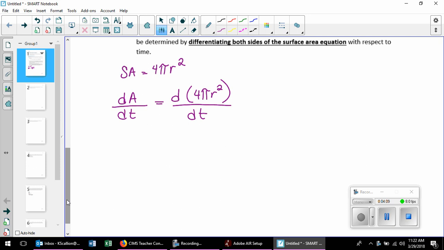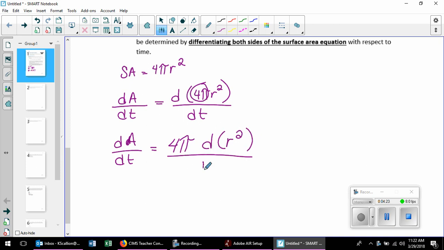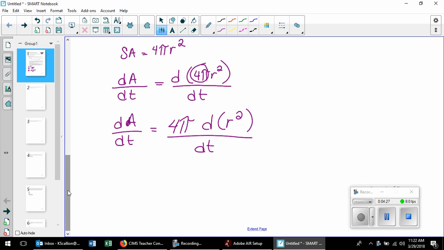Right now, we forgot that because we've never used this one. So this is going to stay the same over here. This comes out front and gets multiplied by the derivative of this. Now that's from D2, moving that 4 pi out is D2. Why wasn't it 0?